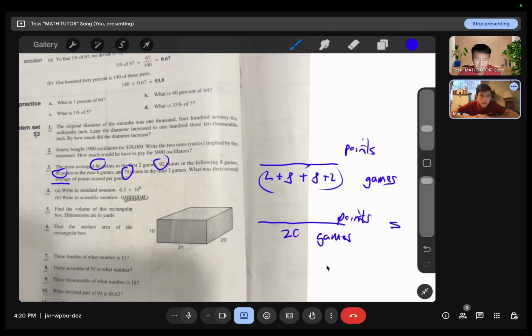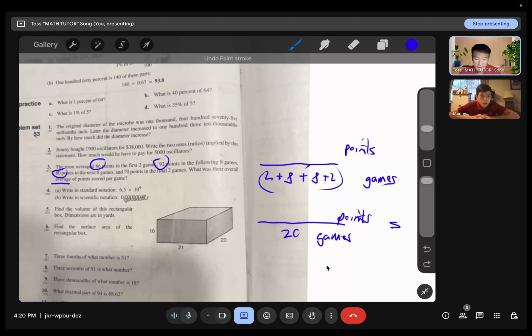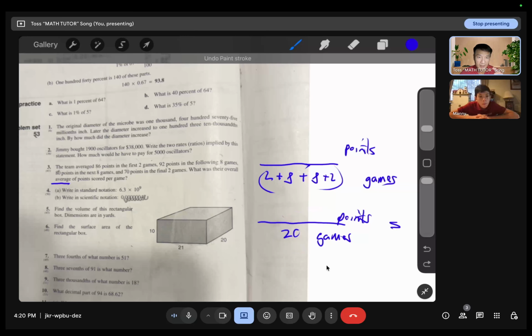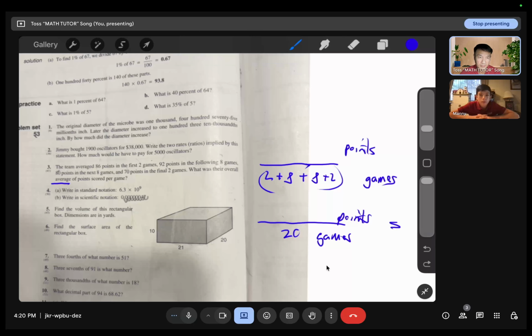Okay, wait, you have an idea here. Now don't forget, when you average, it has to be the exact number of scores. There'll be 20 games, so there'll be 20 scores. Remember, one per game. Do you get it? You got 20, that means you have to have 20 points on top, the different number of points, 20 of them.